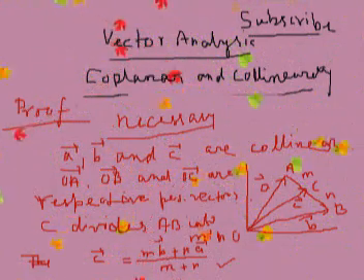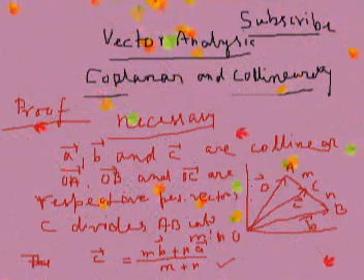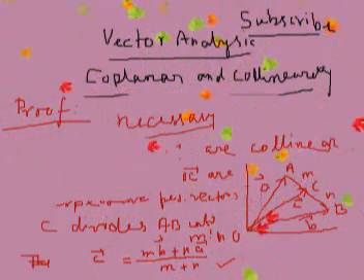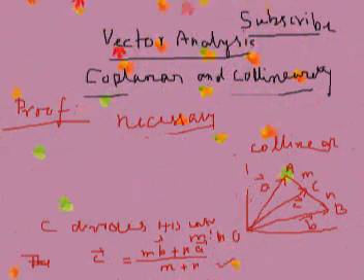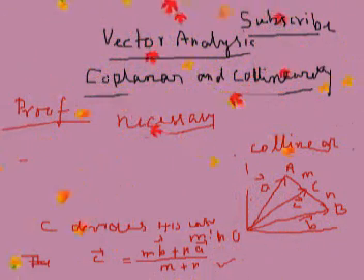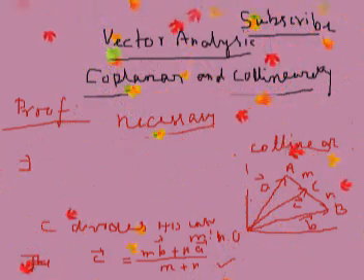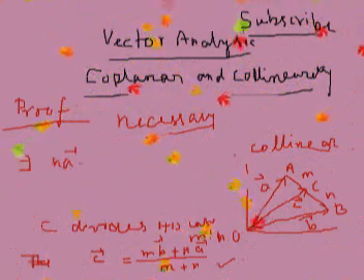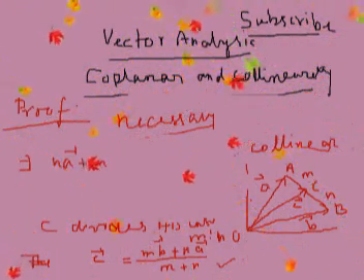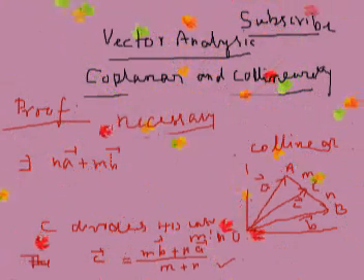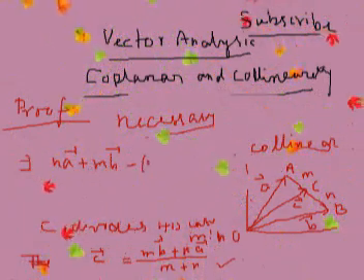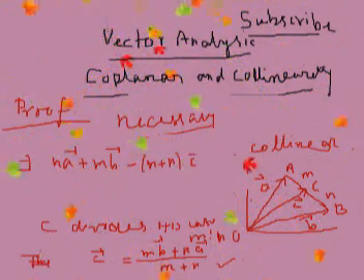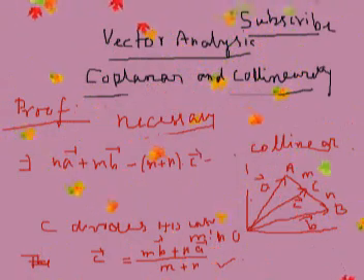Now we can write this in this way: N A vector plus M B vector minus M plus N into C vector is equal to 0.